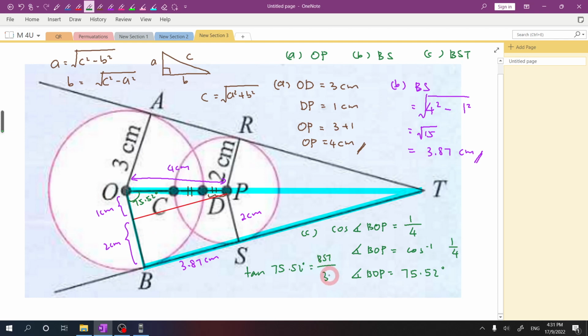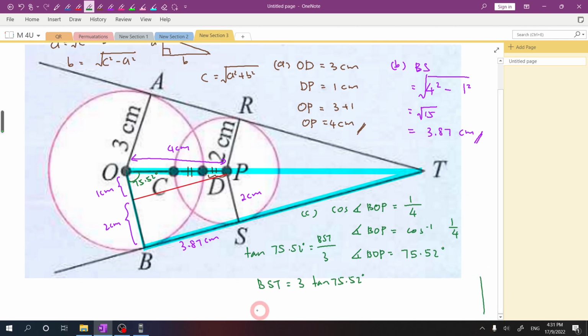So now we can get the length BST easily. BST equal to, move the 3 over here, 3 times tangent 75.52 degree. Okay. Just press your calculator. 3 times tangent 75.52. Okay, so the answer is 11.62 centimeter.